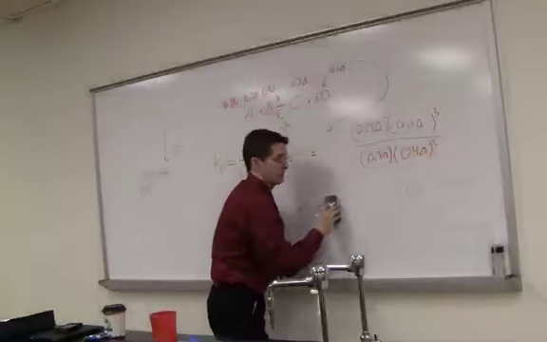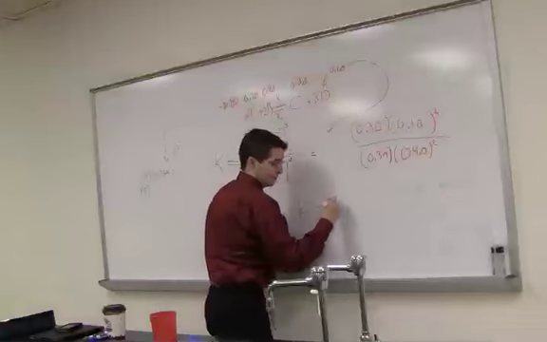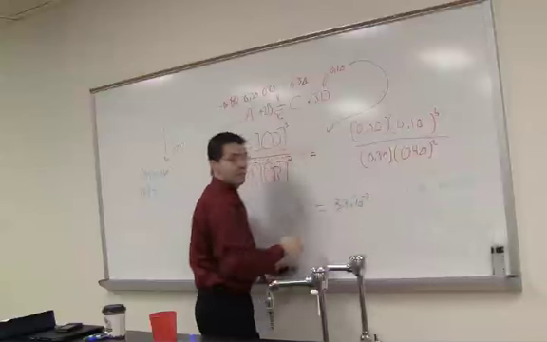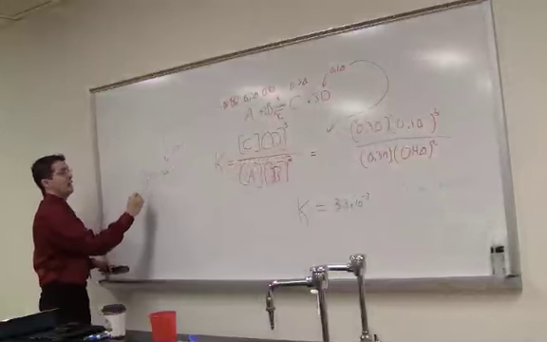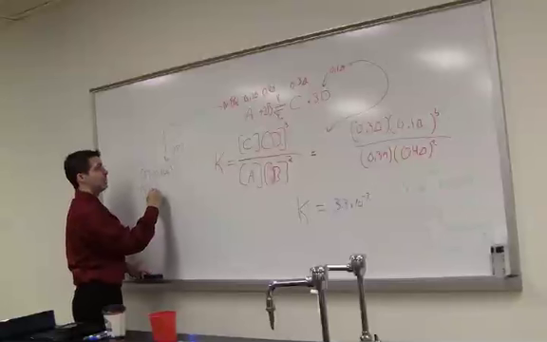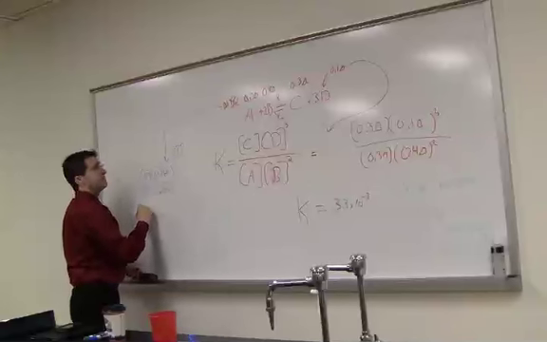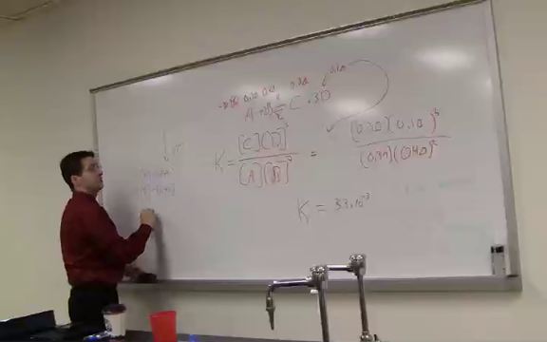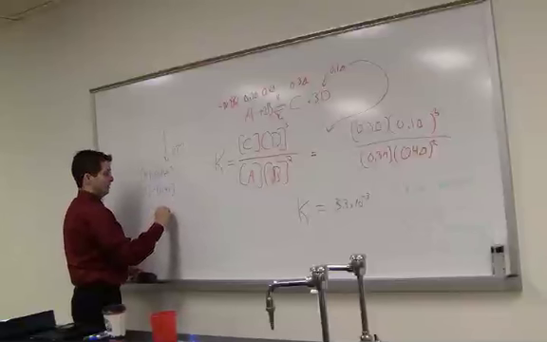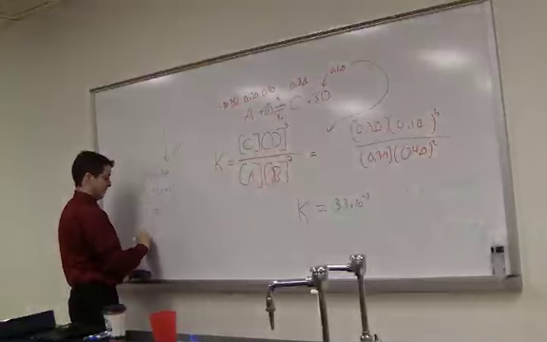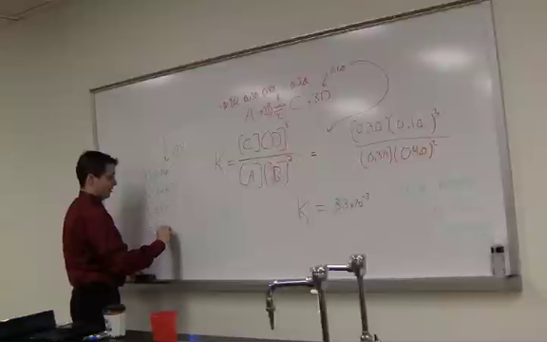What number am I looking at? Okay, it's 3.3 times 10 to the negative 30. All right. A is equal to 0.25, B is equal to 0.41, C is equal to 0.33, and D is equal to 0.09.